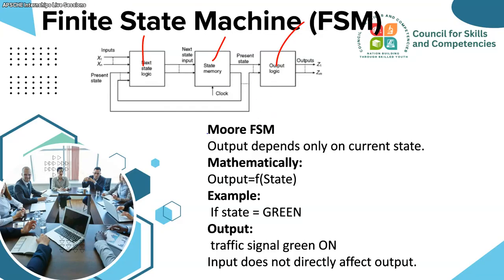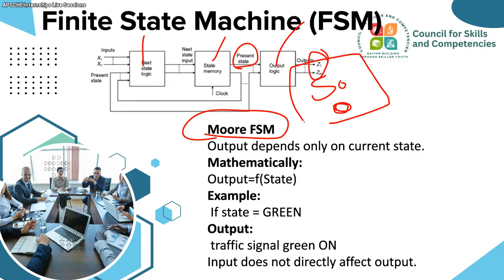In the Moore machine, the output depends only on the present state. If the present state is S0, if we fix S0, the output is 0, which means it is fixed.